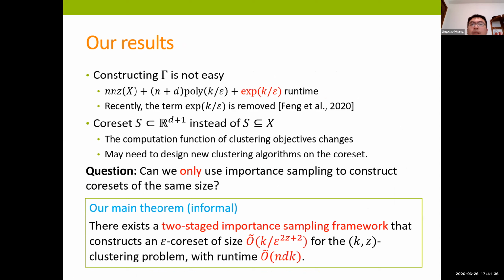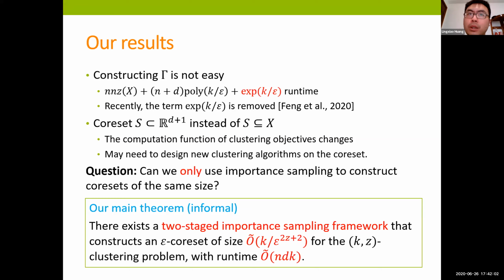Okay. So our main result is that, before I explain, the work of Sohler and Woodruff needs to first construct a subspace and project all points to the subspace, and then construct a core set on that subspace. And the problem is that this construction for the subspace gamma is not very easy.